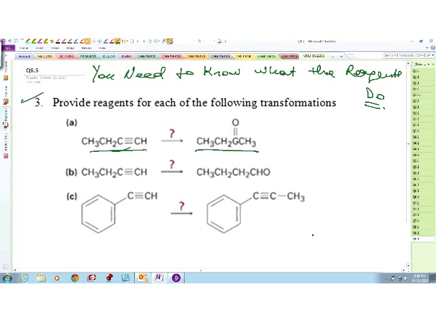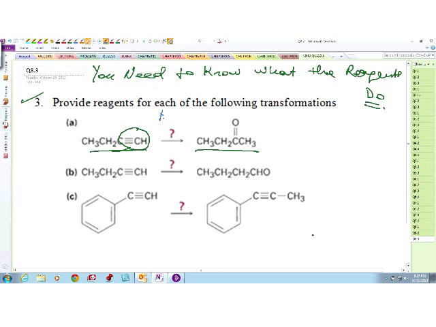So now the question is, what reagent do we need to use in this particular transformation? We have to transform this to a methyl ketone. So what reagent do we need? Okay, very good. You need a mercury(II) salt.